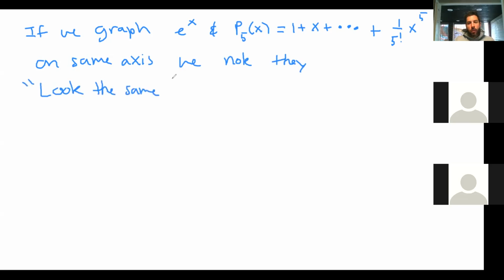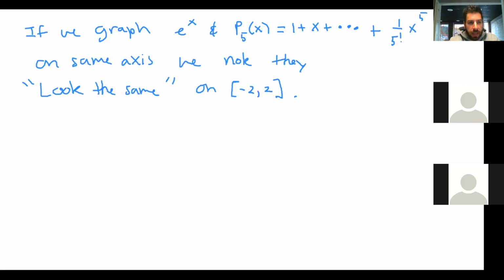Now, this is what I mean by that. Intuitively speaking, on say -2 to 2, I hope this makes sense to you. They look like the same curve.